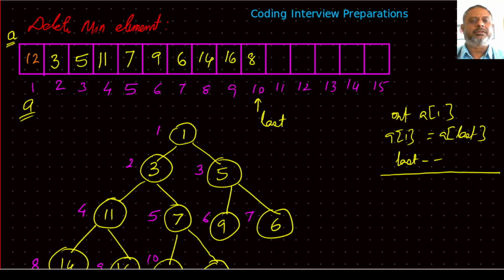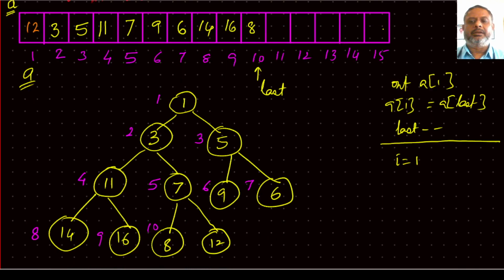So what is the next step to do? Let me start I equal to 1, and then look at position 2, that is, if a of 2i is less than a of 2i plus 1, so that means we need to work with a of 2i.